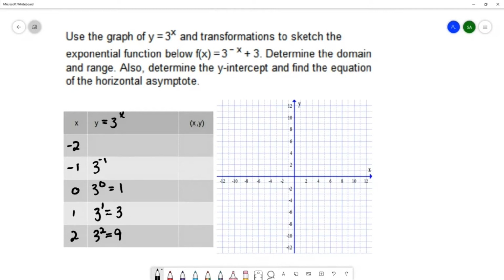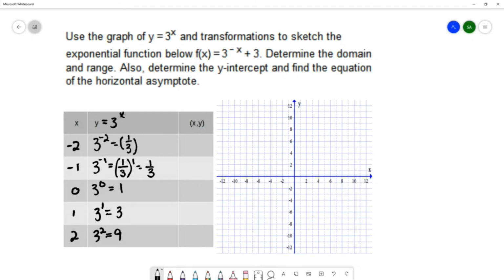3 to the -1 power. Having a negative in the exponent means reciprocal of the base. So the reciprocal of 3 is 1/3, and the power is a 1, so that's 1/3. And we'll do the same thing here. 3 to the -2. Having a negative exponent means reciprocal of the base.